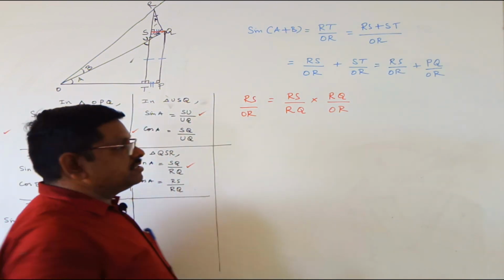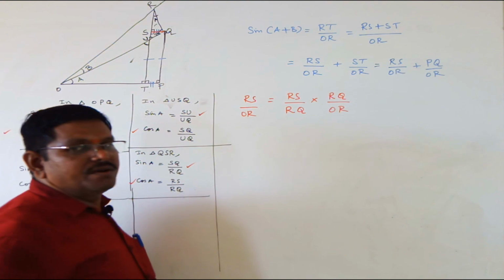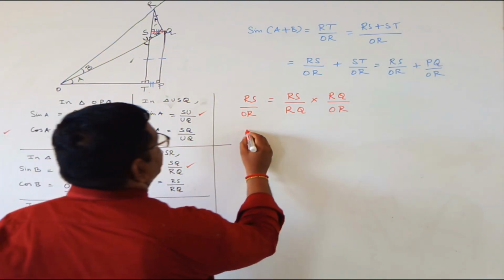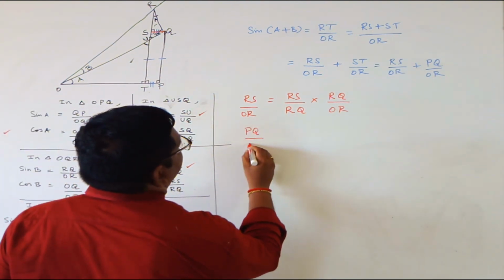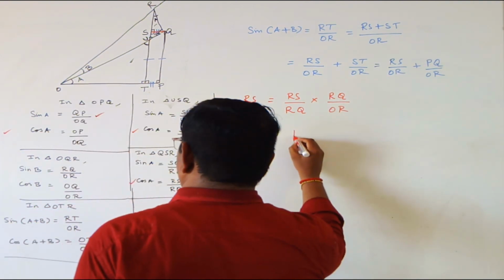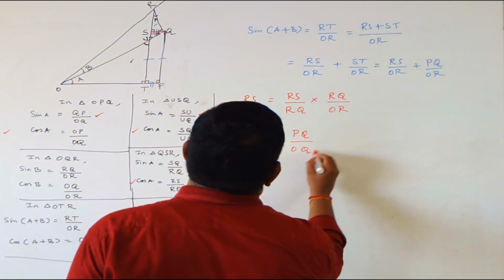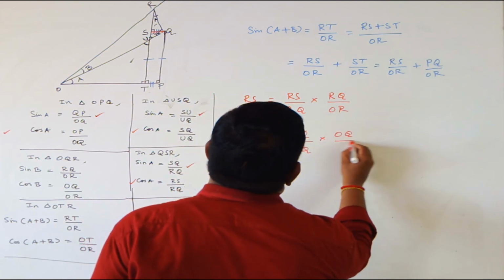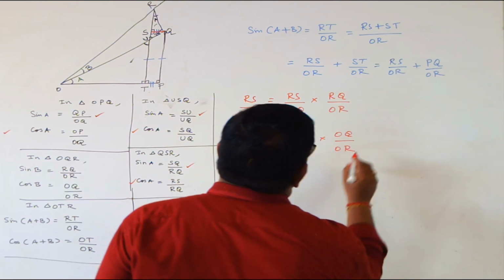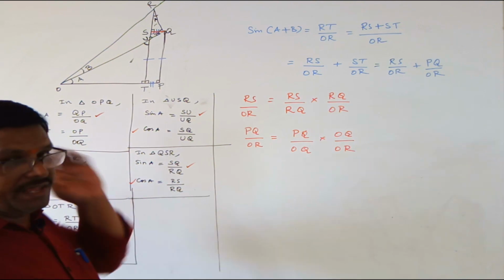So when we write like this, RQ will be cancelled and we will get the same RS by OR. Similarly, PQ by OR I write as PQ by OQ into OQ by OR. Here OQ will be cancelled and we will get PQ by OR again.